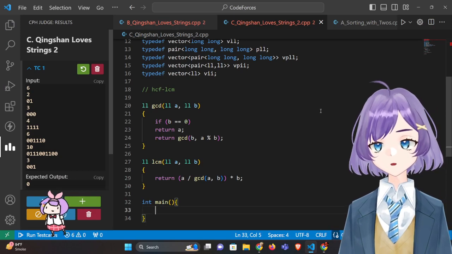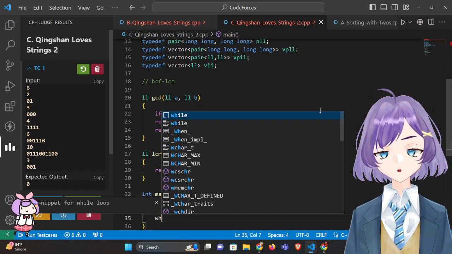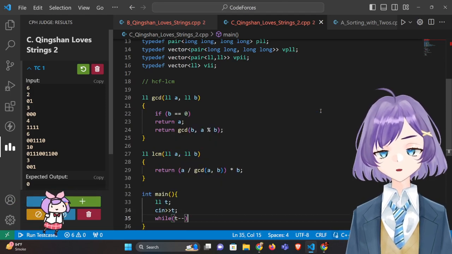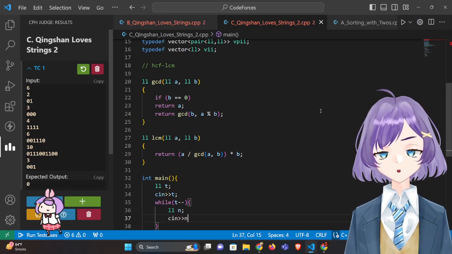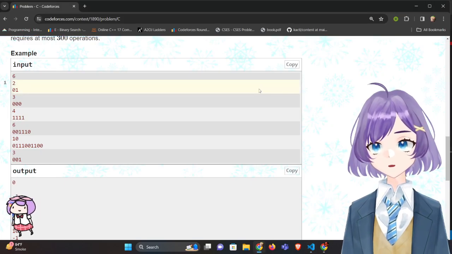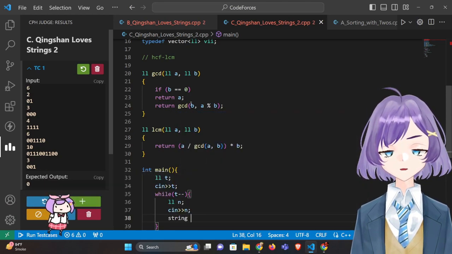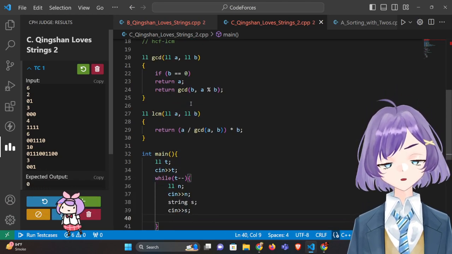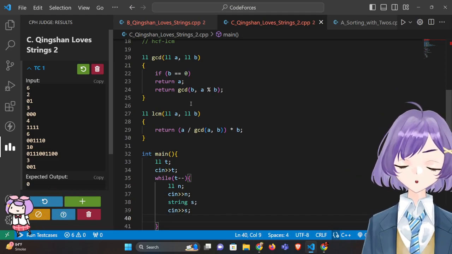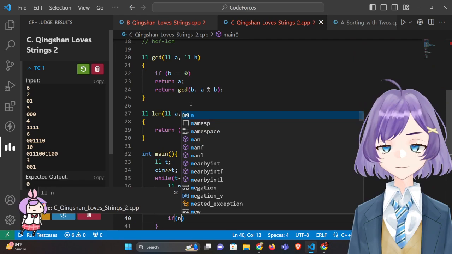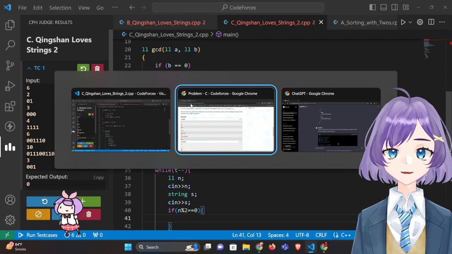CP: long long T, cin T, while T minus minus, long long N, cin N, long string S, cin S. If n percent 2 is equal to 0.